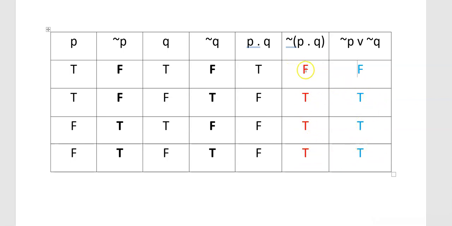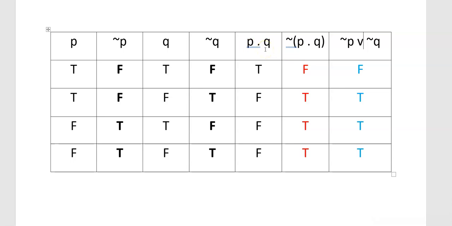What do you draw from this? You have to say then that the negation or denial of a conjunction is equivalent to the denial of one conjunct or the denial of the other conjunct. Whatever we have seen earlier, that if you want to deny P dot Q, you don't need to deny both of them together.